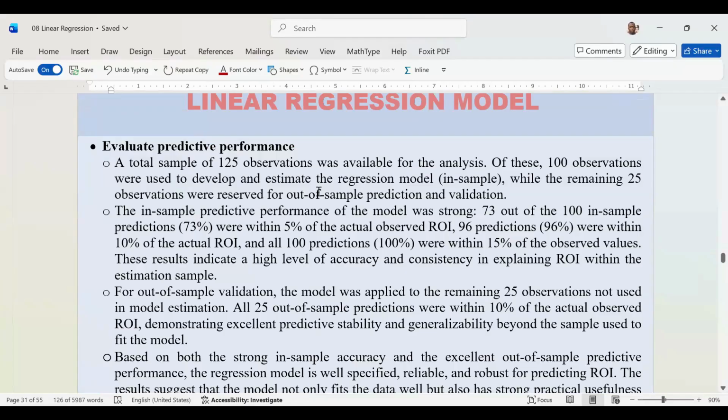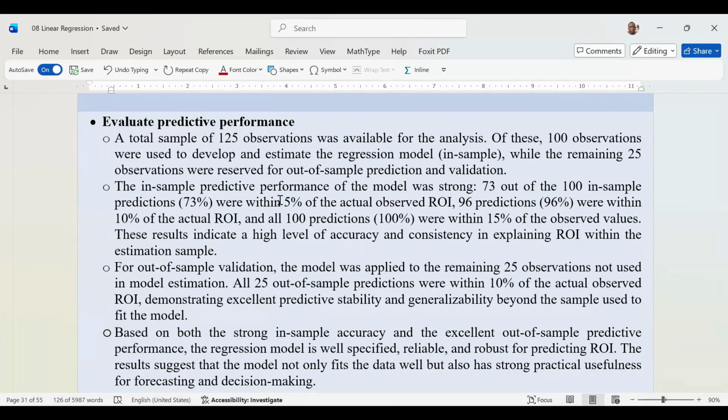Then evaluate the predictive performance. I'm going according to the questions. They say we should evaluate the predictive performance of your model. How do you evaluate that? I was thinking with the predictive performance, we will use our model to find an estimate and compare it with the actual observed value.